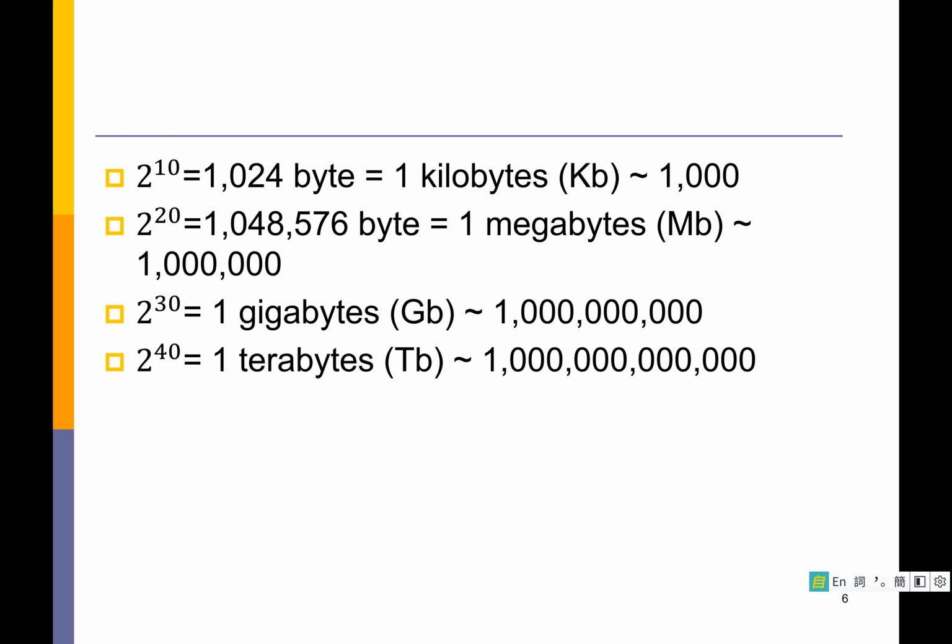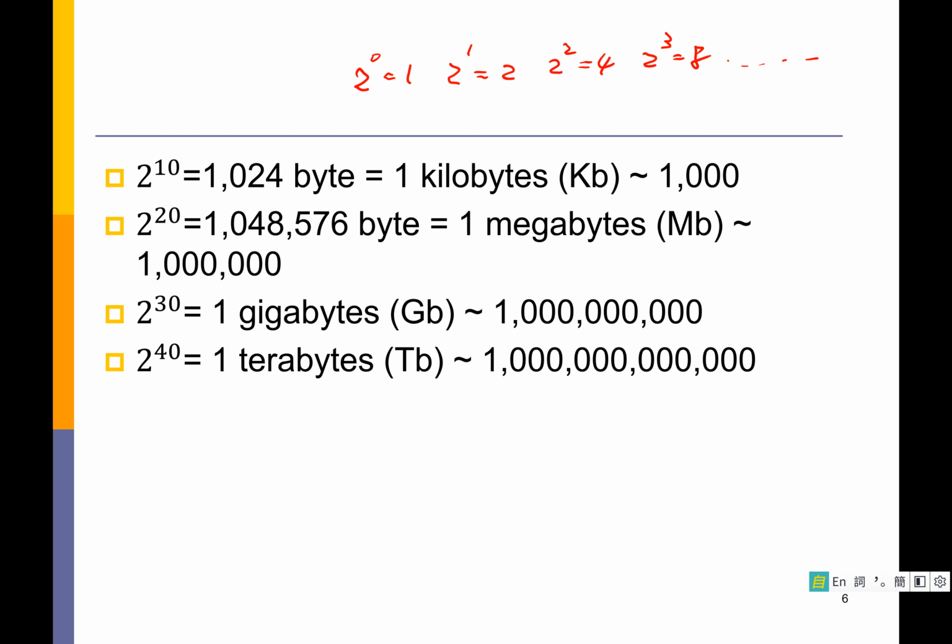Now, internal measurement of the size of memory. We know 2 to the power of 0 is equal to 1. 2 to the power of 1 is equal to 2. 2 to the power of 2 is equal to 4. 2 to the power of 3 is equal to 8, and so on.